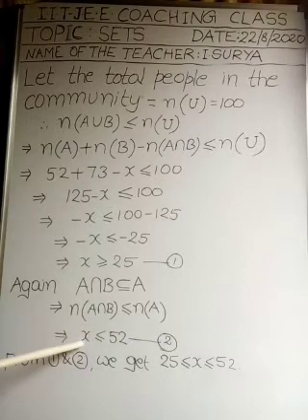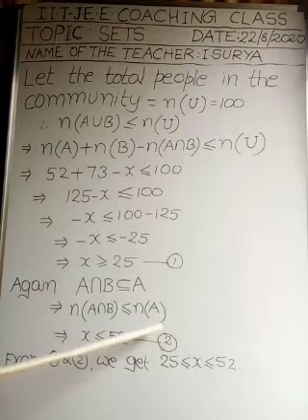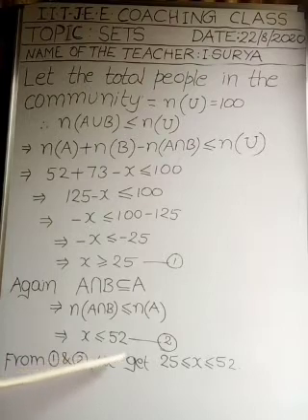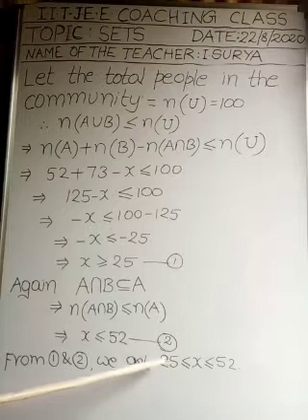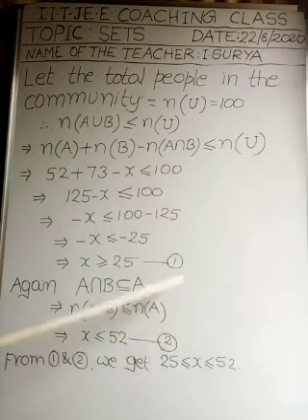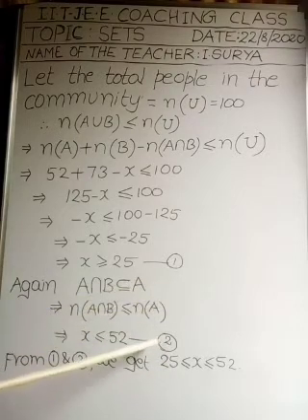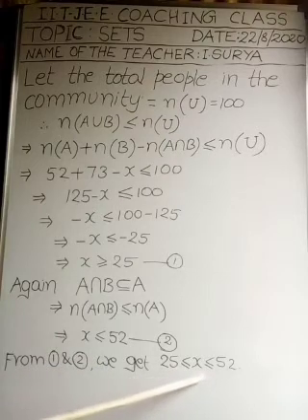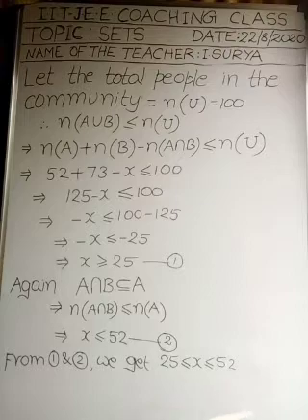X. In the RHS, I wrote n of A value. What is the n of A value? 52. So x is less than or equal to 52. Understood this step? Assume this result as equation 2. From the inequations 1 and 2, what will you get? 25 is less than or equal to x, less than or equal to 52. Understood, my children? Right.